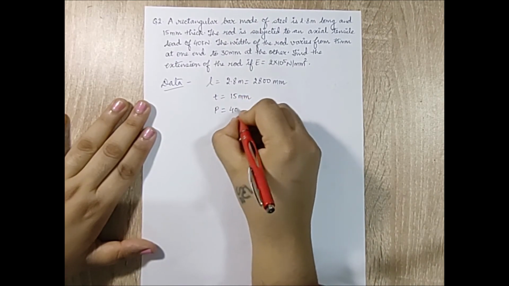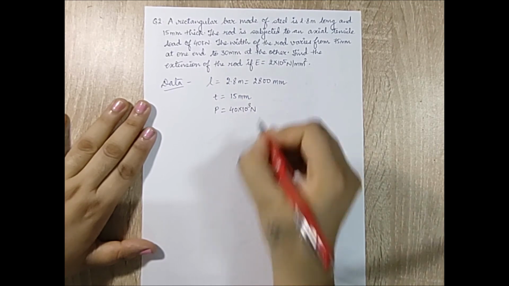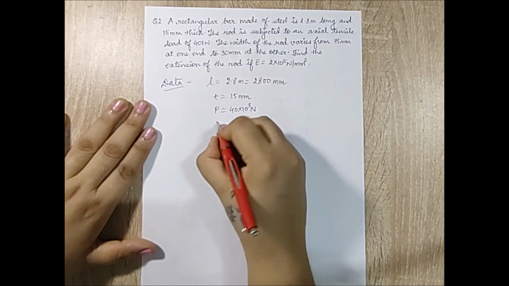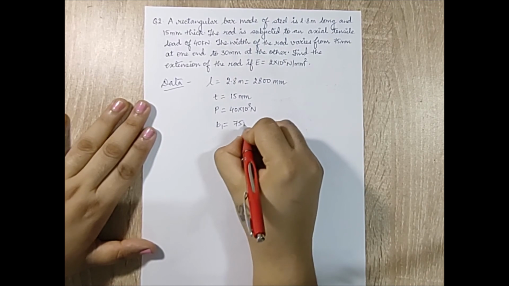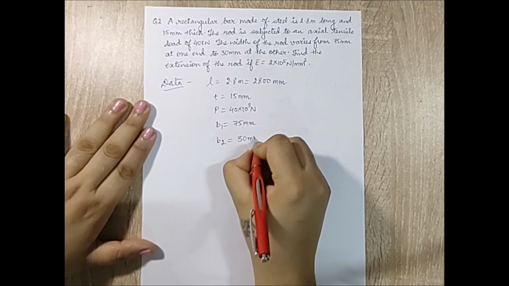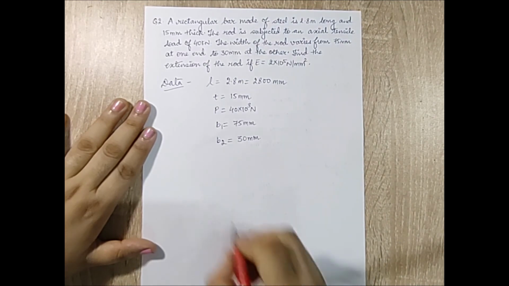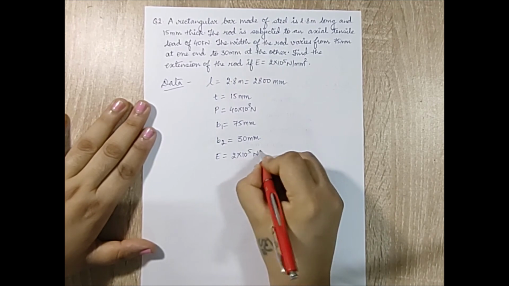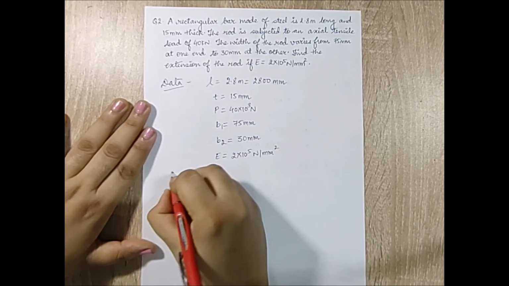So P is 40 into 10 raised to 3 Newton. The width of the rod varies from 75 mm at one end to 30 mm at the other. So I know B1 is 75 mm and B2 30 mm. Find the extension of the rod if E is 2 into 10 raised to 5 Newton per mm square.